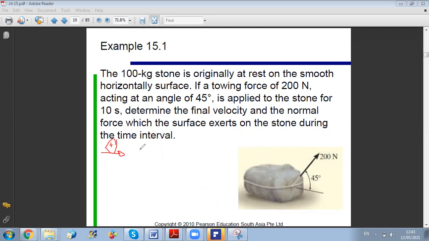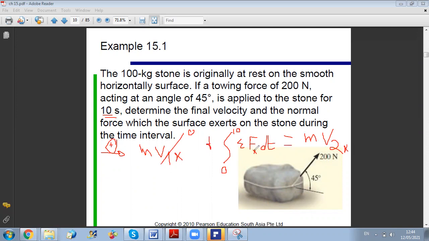So the theorem will state that m v1x, which is 0 because it's starting from rest, plus the integral of sum of Fx dt, where the integration is between 0 and 10 seconds, equals the mass times v2x. Or here it's just v2, you can say, because no y component.